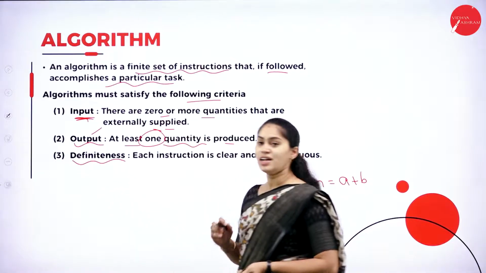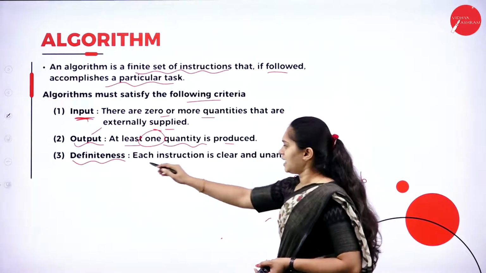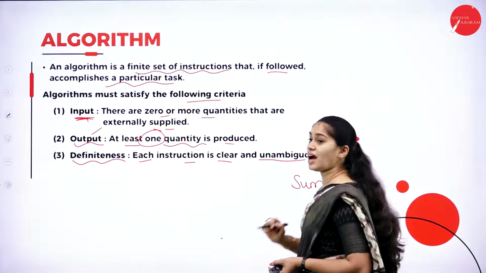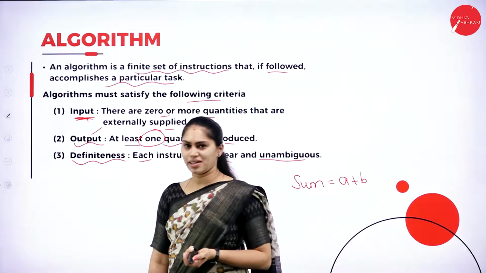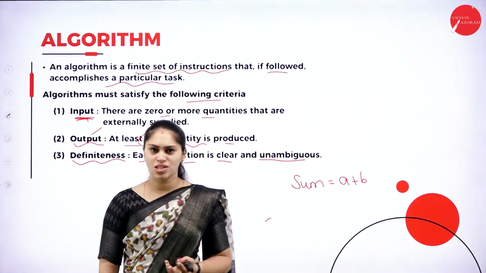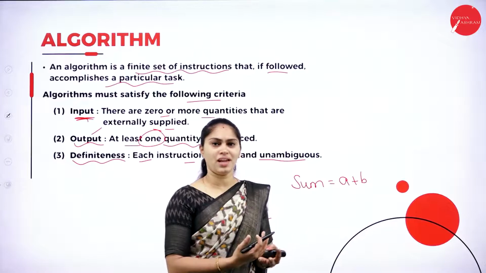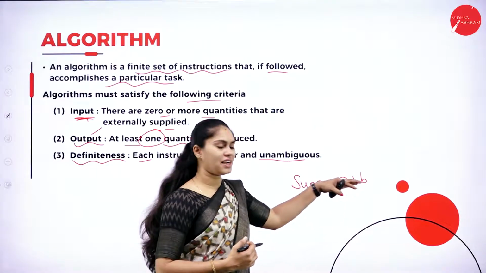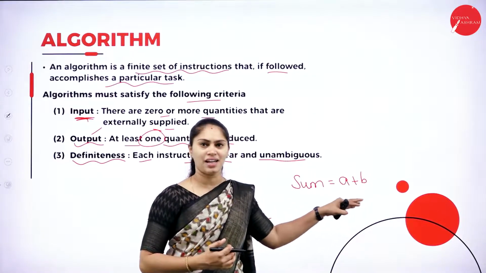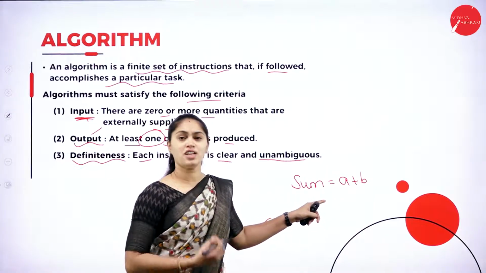And here we have definiteness. That means each instruction is clear and unambiguous. Unambiguous in the sense what? It is confusion free. So if I consider sum = a + b, what does it mean? It directly says that we are adding two values, a and b, and that will be stored in sum. It is very clear.